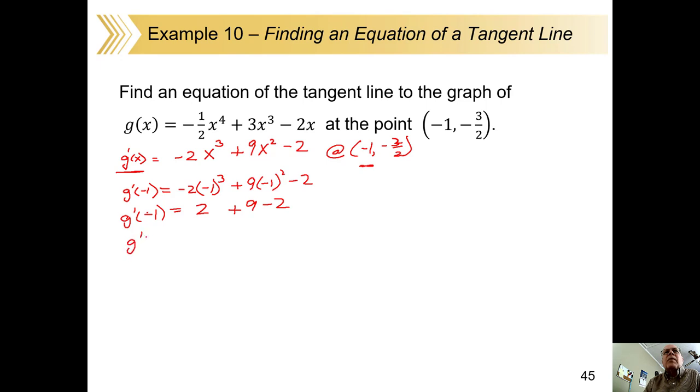So the slope at negative 1, the 2's give us 0, the slope is 9. Not quite finished though, we want the equation of the tangent line there. We've got the slope of the tangent line. And we've got the point.